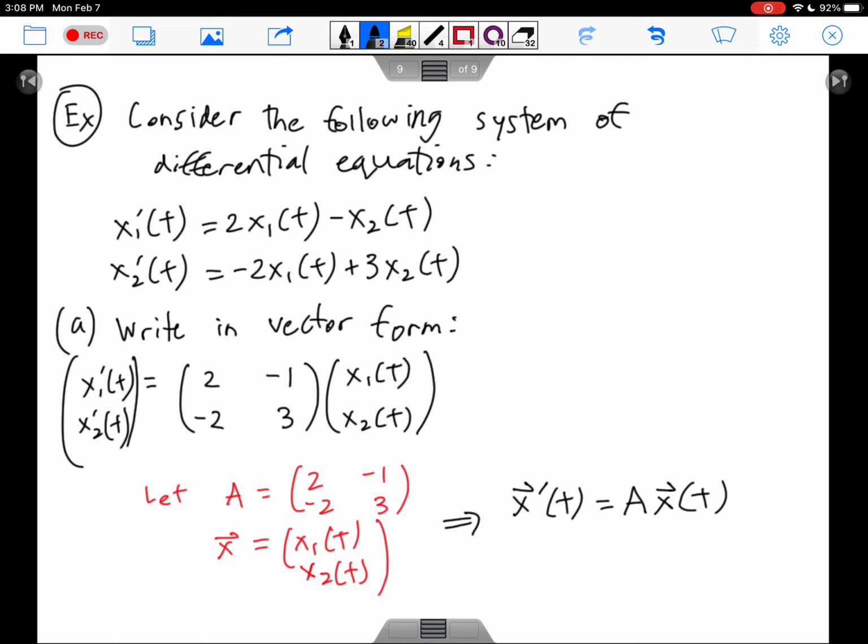There you go. We've got our vector form of our system of differential equations. So that's just part A.